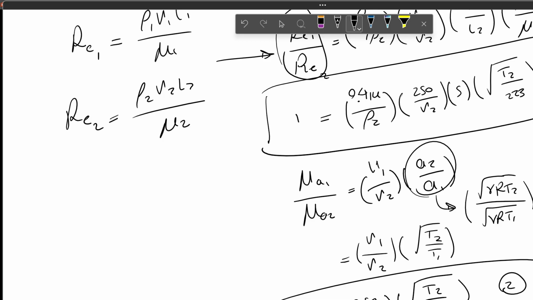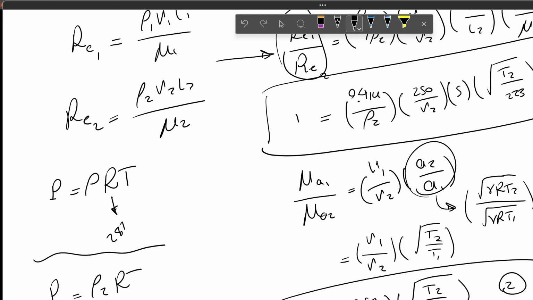What is the ideal gas law? Pressure at any point is equal to density multiplied by the specific gas constant multiplied by the temperature. We are operating in air, so we already know the value of R. What is the value of R? 287. So we can write this for the wind tunnel case: P2 is equal to rho 2 R T2.